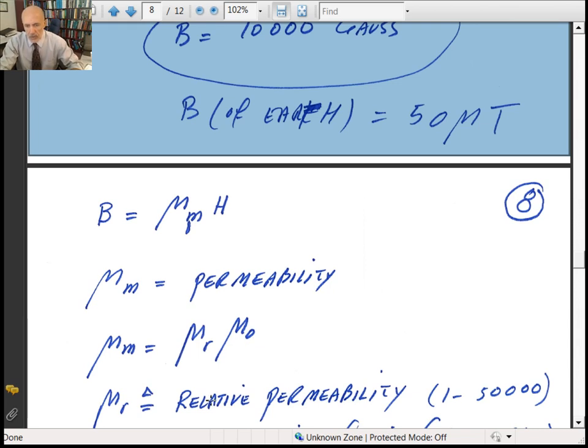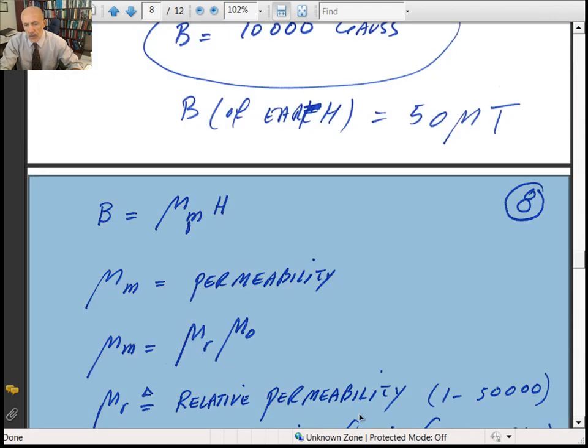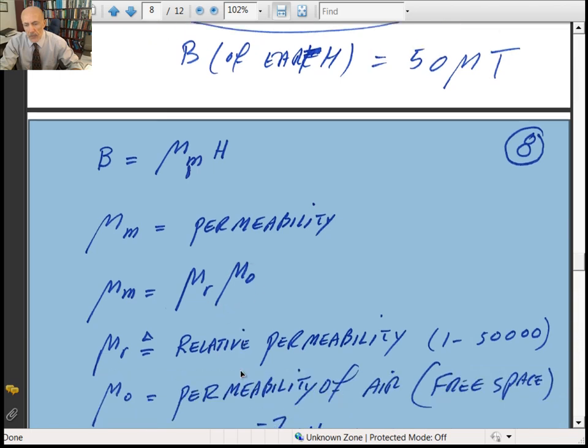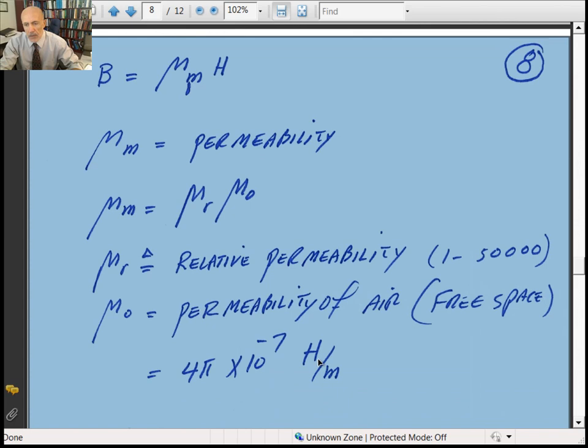Mu sub r is called relative permeability, which is anywhere from 1 to 50,000. If it's air, then mu sub r is equal to 1. If it's other magnetic materials, it could be up to 50,000. Mu sub 0 is called the permeability of free space or air, which is 4 pi times 10 to the minus 7 Henry per meter.